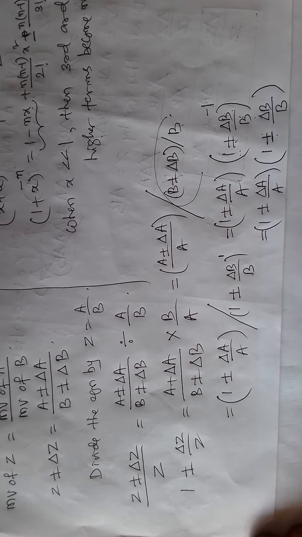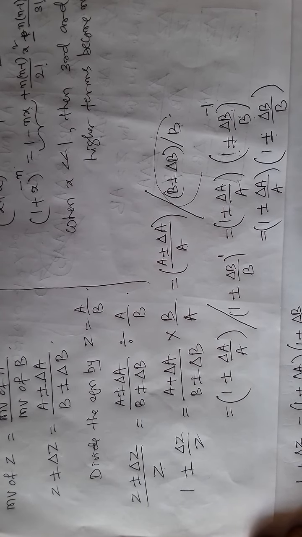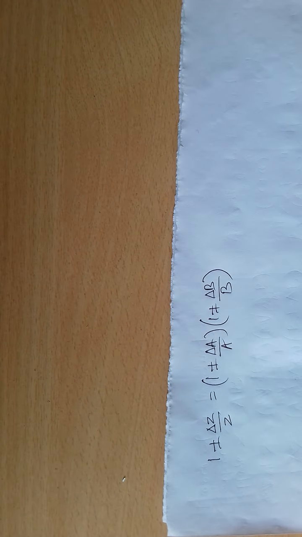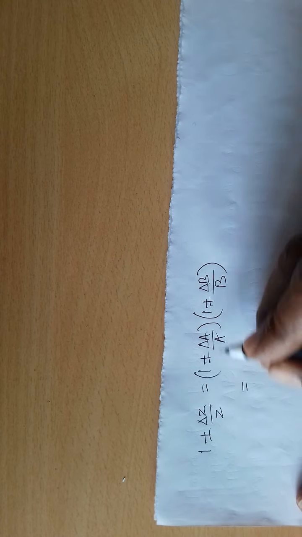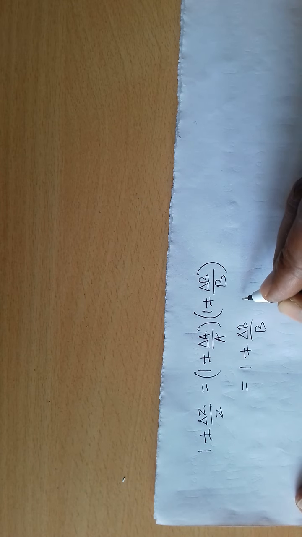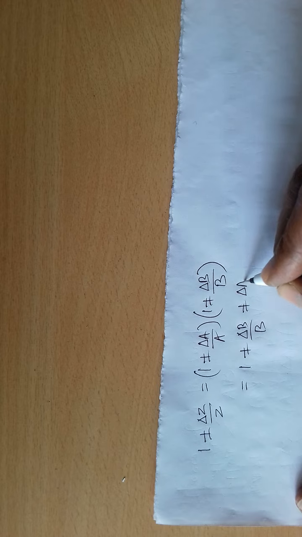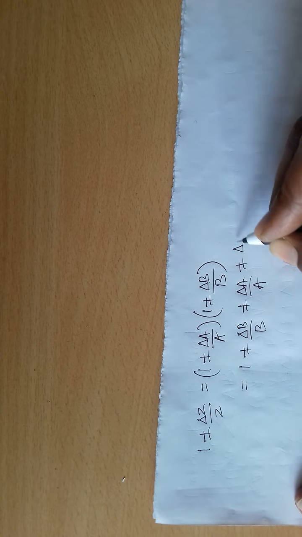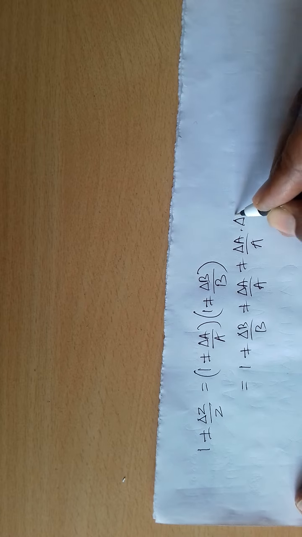So you get on the left hand side 1 plus or minus delta z by z, and on the right hand side we have 1 plus or minus delta a by a multiplied by 1 plus or minus delta b by b. Now multiplying, 1 plus or minus delta b by b and plus or minus delta a by a plus or minus delta a by a into delta b by b.